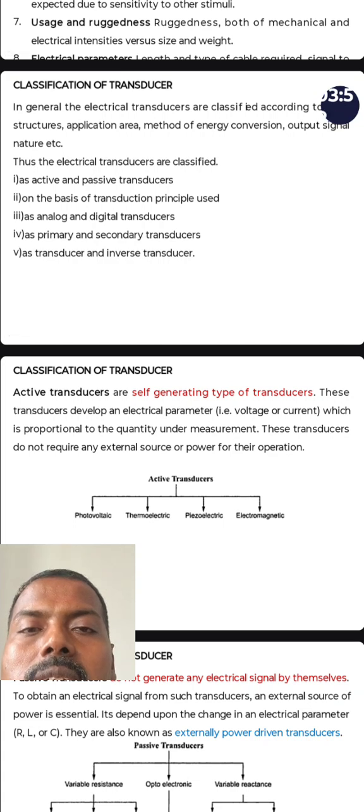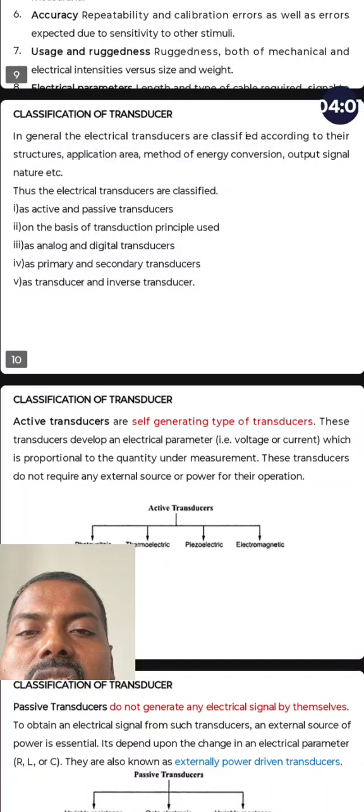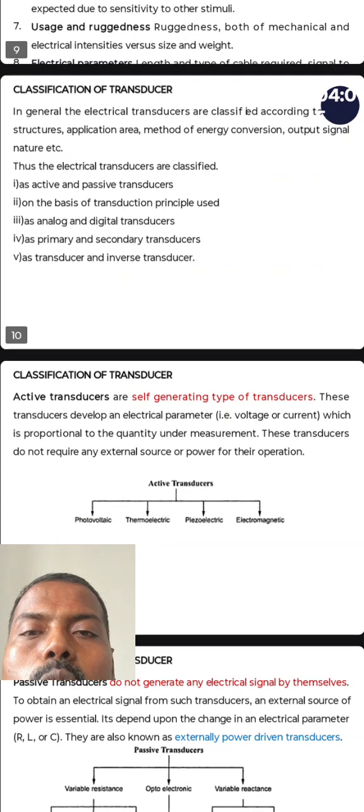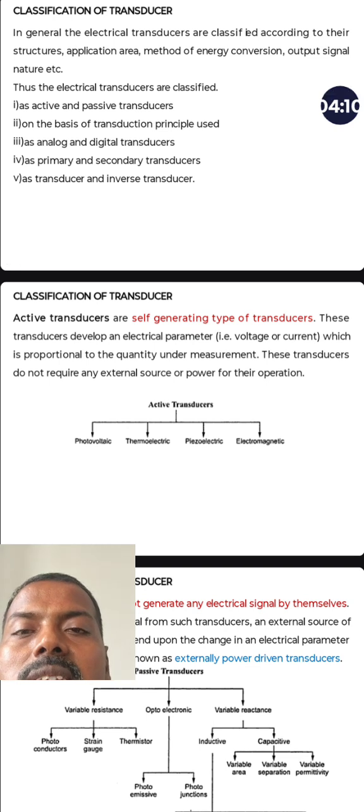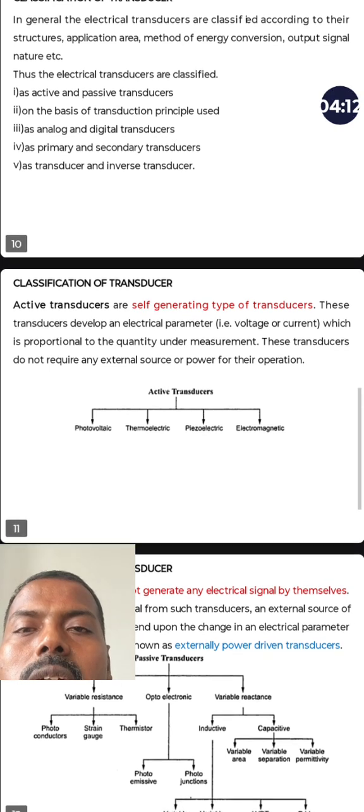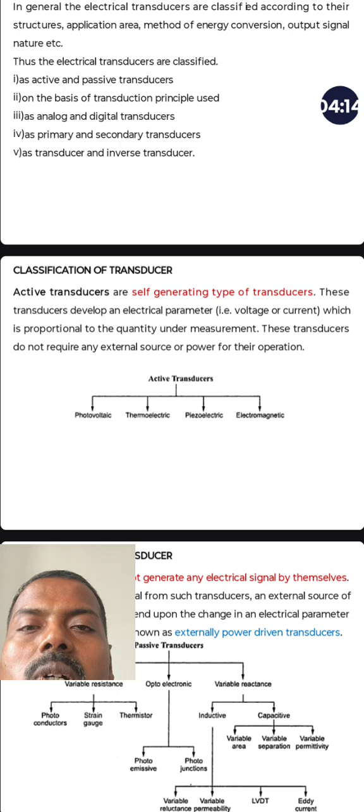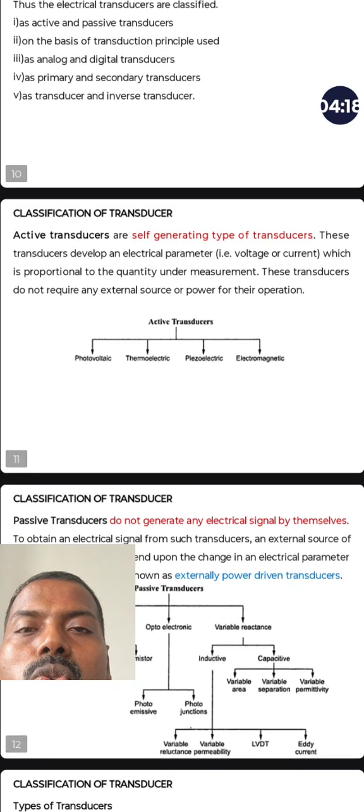In general, electrical transducers are classified according to their structure, application area, method of energy conversion, the output signal, etc. The classification is mainly as active and passive transducers on the basis of the transduction principle used, analog and digital transducers, primary and secondary transducers, and transducer and inverse transducer.